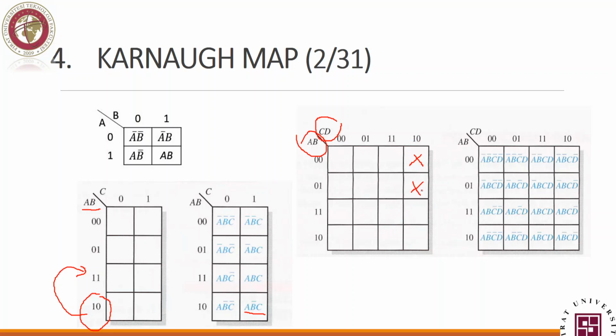They can be folded together. One more thing. This cell with this one are also adjacent. This one with this one are also adjacent. So we take cells either vertically or horizontally as adjacent. They are adjacent cells, but we don't take diagonally.